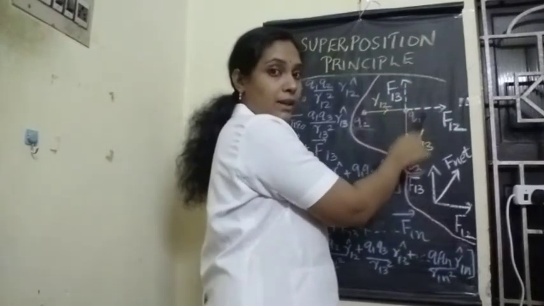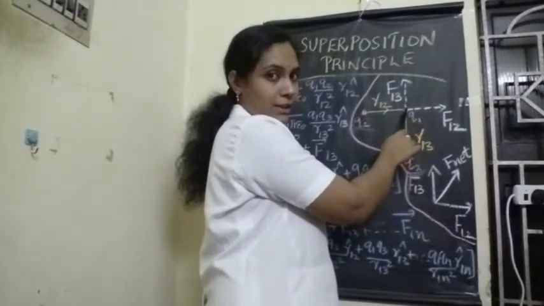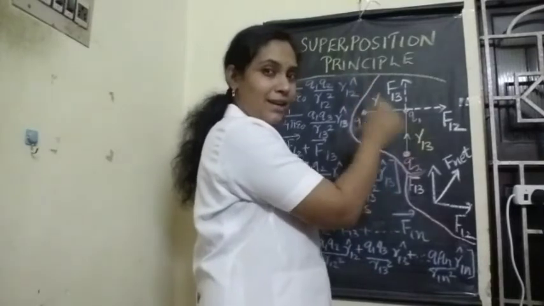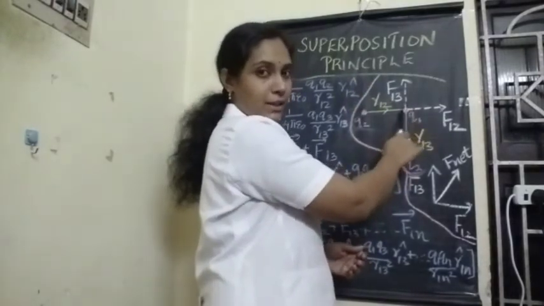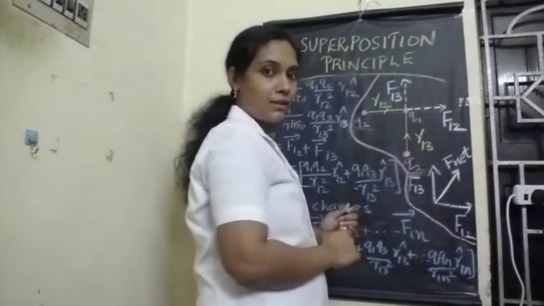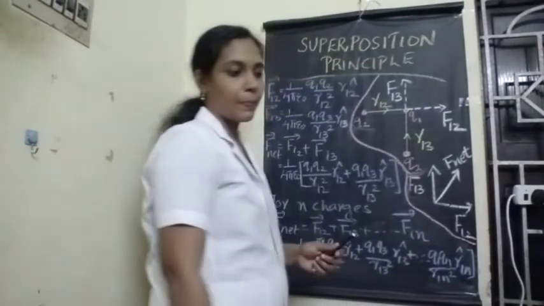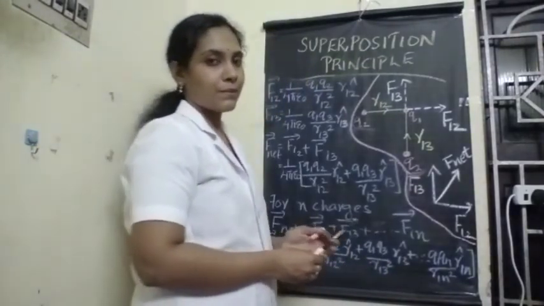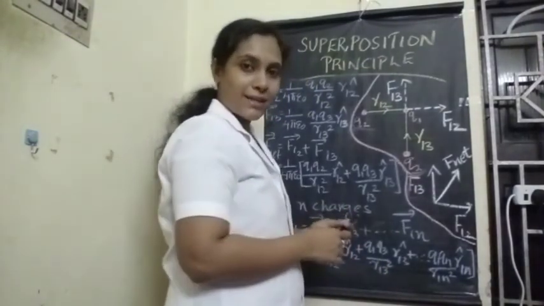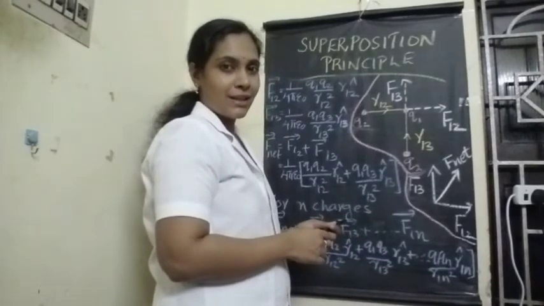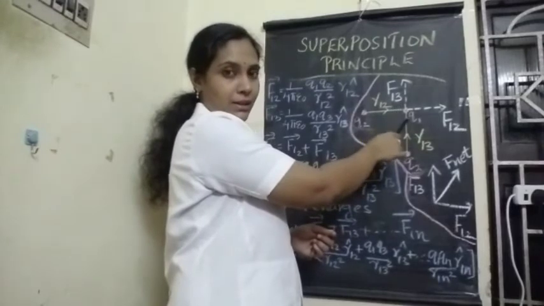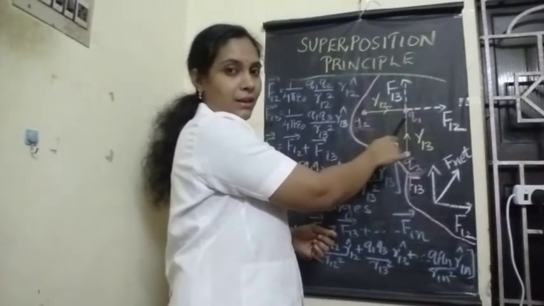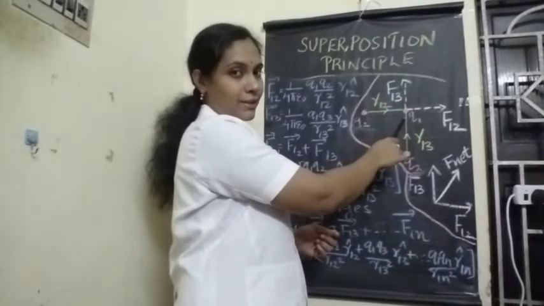What will be the resultant of these two vectors? You had studied in your class 11 physics how to find the resultant vector if you get two vectors like this.